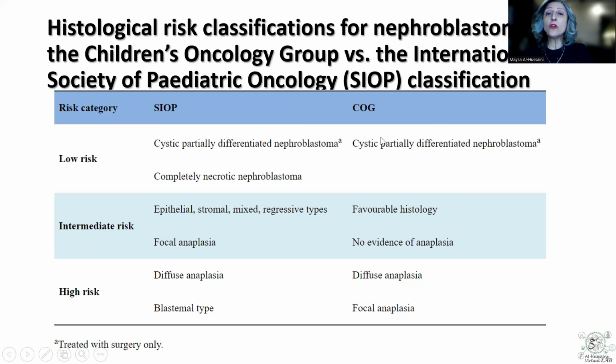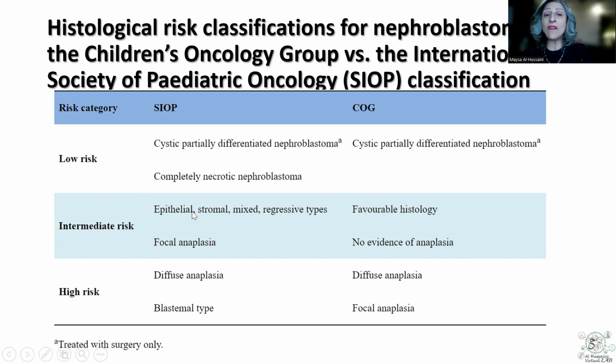Now remember, because the case was operated directly without a previous administration of chemotherapy, we have to evaluate the case as per the COG rather than the SIOP protocol. And because of the favorable histology and the absence of focal or diffuse anaplasia, the case is considered to be intermediate risk.